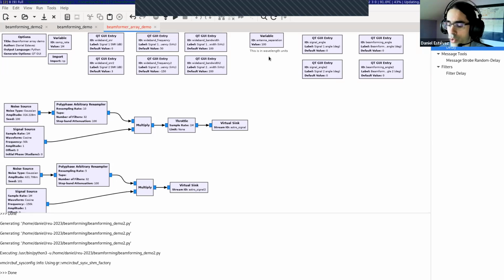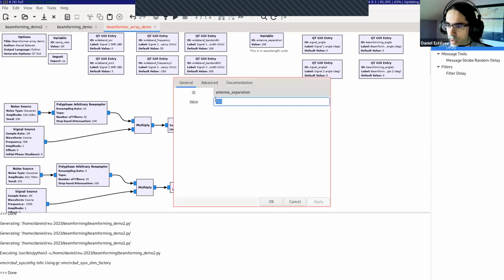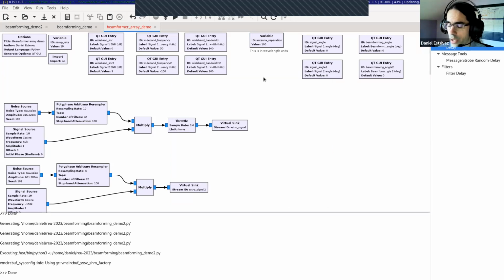To give you some intuition, if we are observing at 1.4 gigahertz, which is L-band, that's the 21 centimeter line. So the wavelength is 21 centimeters, and then 100 wavelengths is 21 meters. So for that frequency, this would correspond to 21 meter separation between each pair of antennas, and that might be reasonable. If we go to a higher frequency, then the wavelength would decrease.